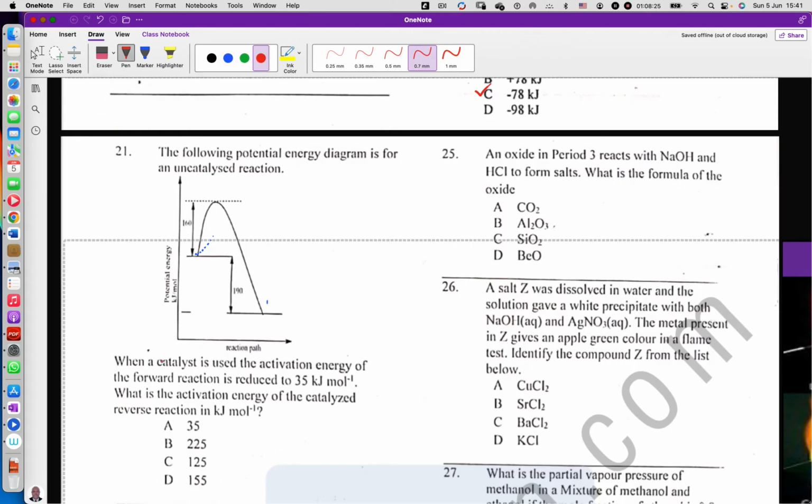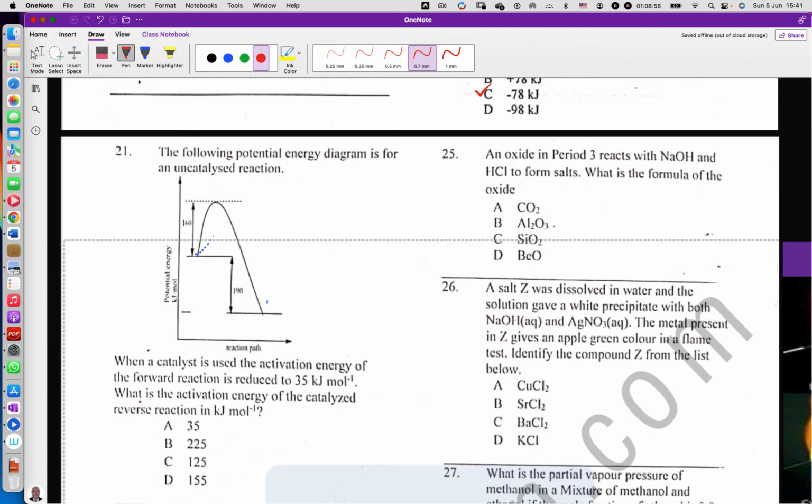The question reads, when a catalyst is used, the activation energy of the forward reaction is reduced to 35.